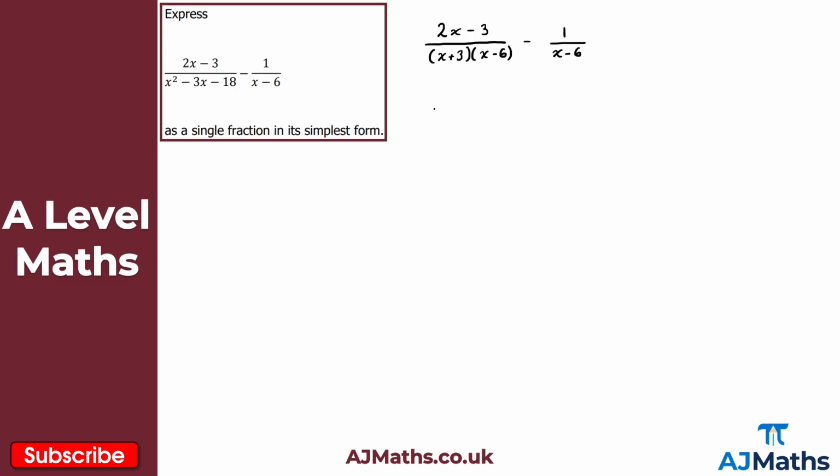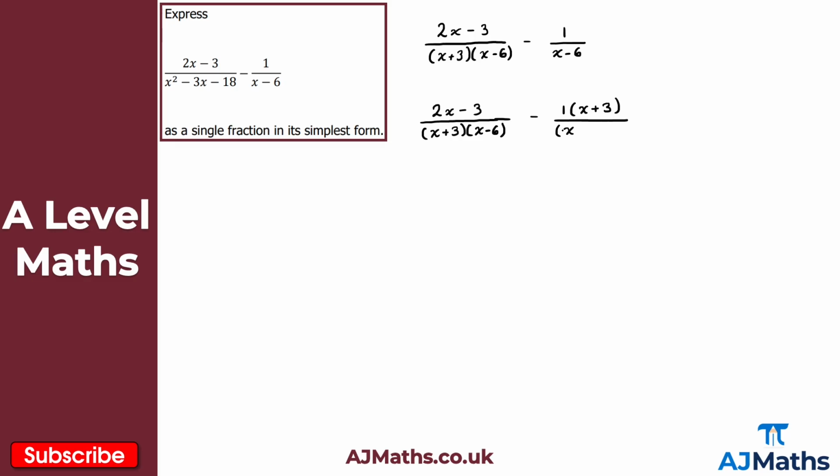So I get 2x minus 3 all over x plus 3 and x minus 6. This doesn't change. Then for this fraction, we're going to times it by x plus 3, so we get minus 1 lot of x plus 3, all over x minus 6.